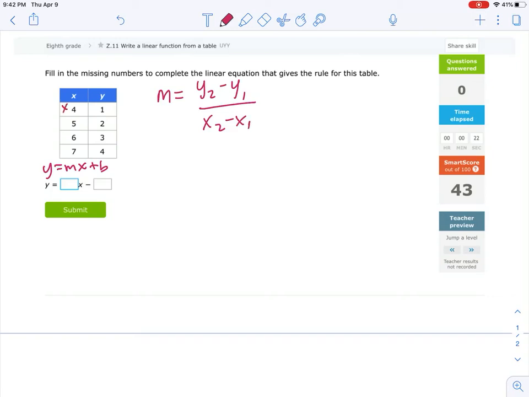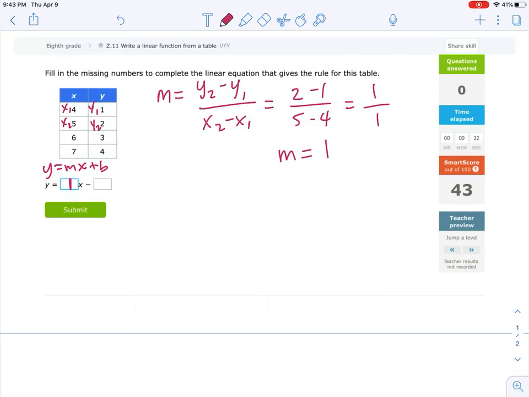So if this is x1, x2, y1, y2, just filling everything in. y2 is 2, y1 is 1, x2 is 5, x1 is 4. 2 minus 1, 1. 5 minus 4, 1. m equals 1 over 1, which is just 1. So again, the slope is just 1.